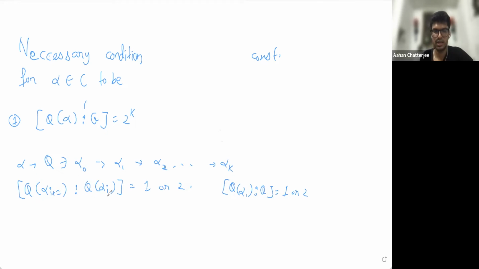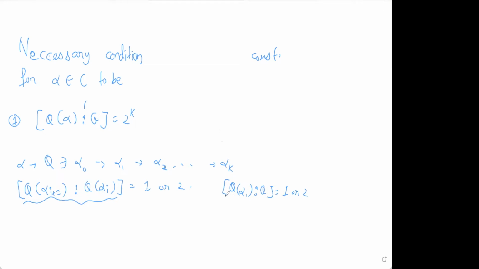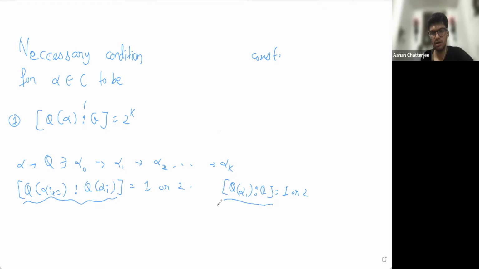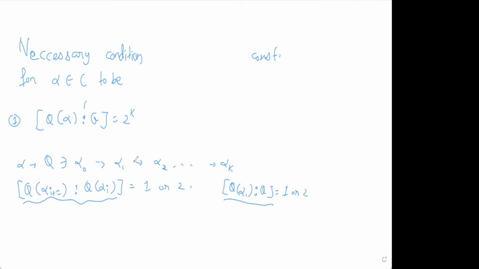Basically, we are considering a sequence of these steps, and I'm saying it is sufficient only to show this. The same thing will keep on happening for the following steps. Okay, it's a power of 2.